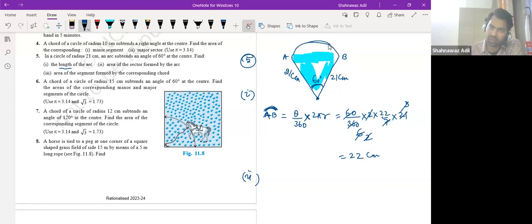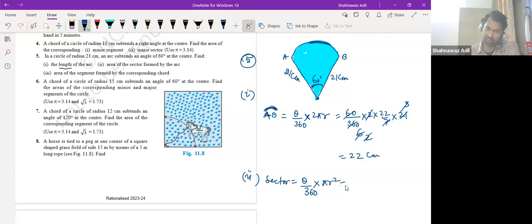The area of this sector we have to calculate, right? Now we are calculating the area. Earlier we used 2 pi r, but now that would be pi r square, right?